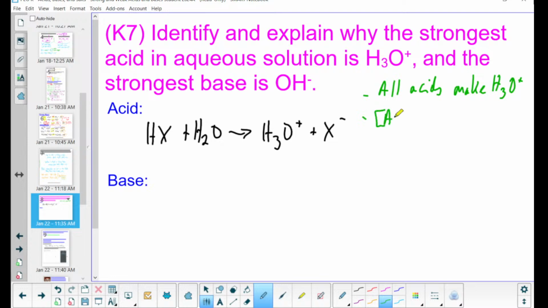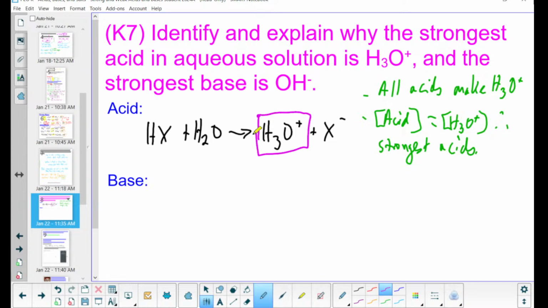The concentration of the acid... acids that dissociate 100% to make 100% H3O+ are our strongest acids. And so H3O+ is what acid is.